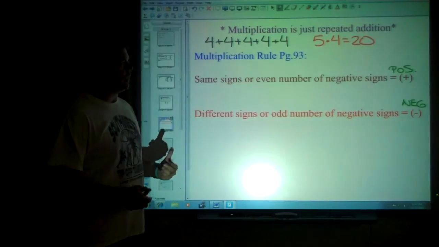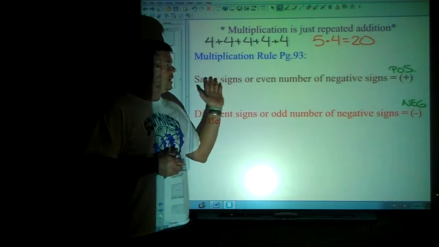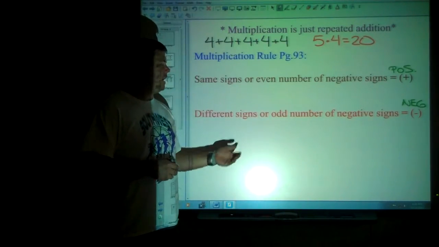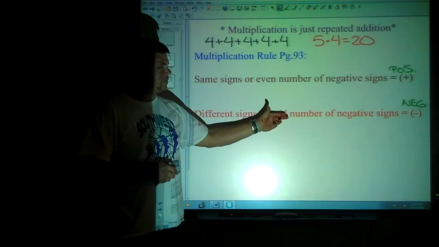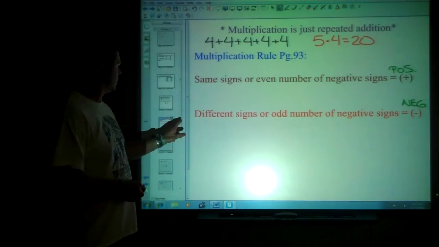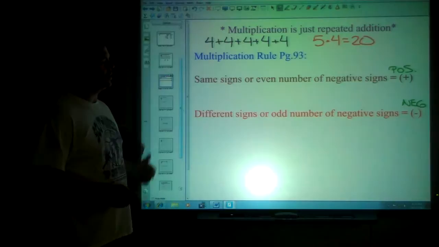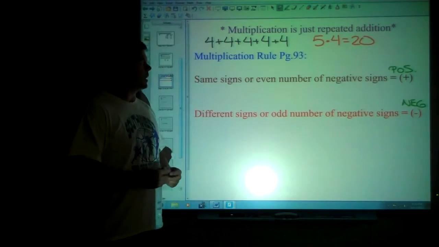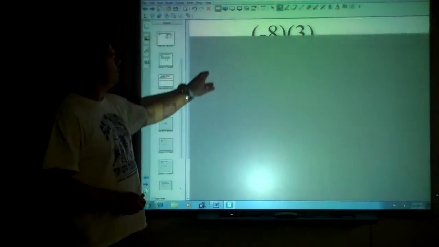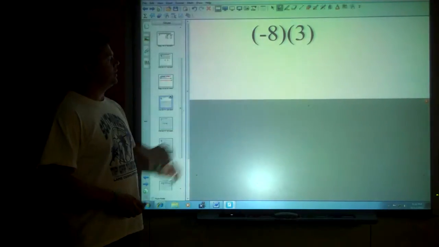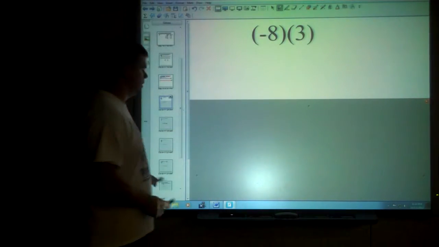Anytime you have the same sign or an even number of negative signs, it's positive. If they're different or there's an odd number of negative signs, then it's going to be negative. And of course, we're going to look at some examples so that you'll understand exactly what I'm talking about.